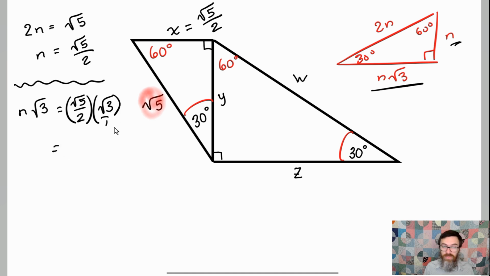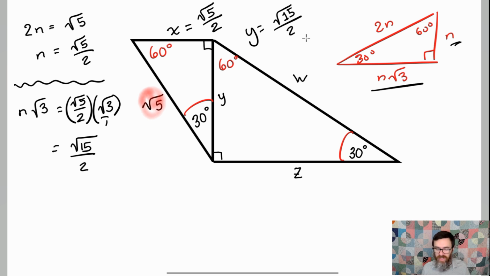Now, remember, this is over 1. You multiply those numerators, you get the square root of 15. This is over 2. You can't simplify that. So y is equal to the square root of 15 over 2. Make sure you understand that 2 is in the denominator and it's not inside the radical.